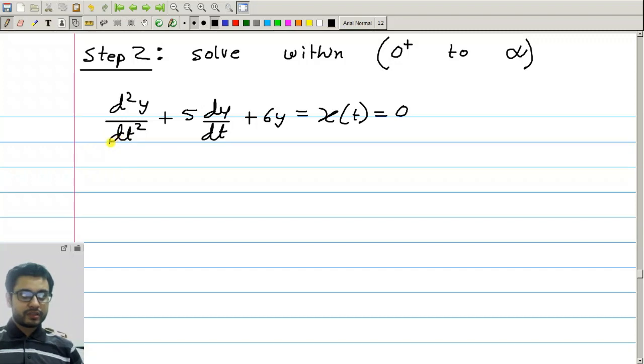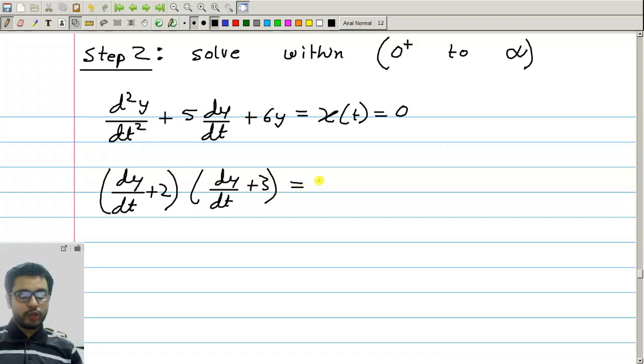So we know that the solution of this equation will be a complementary solution of this equation, and if we factorize the left hand side, we can write (d/dt plus 2) multiplied by (d/dt plus 3) y equal to 0.